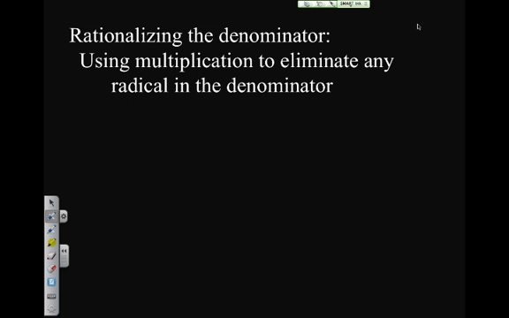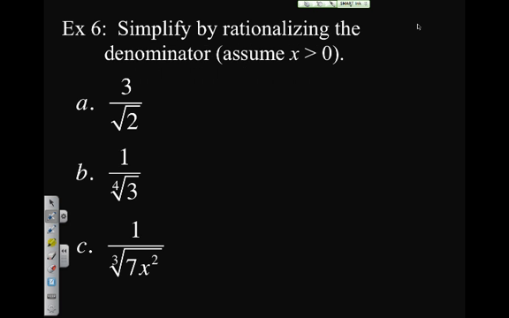All right, rationalizing the denominator, when we want to use multiplication to eliminate any radicals in the denominator. So to simplify that, we're going to rationalize. It's called rationalizing the denominator. So when it's in this form, you just have the square root of a number. It's very simple to rationalize. We just multiply by itself.